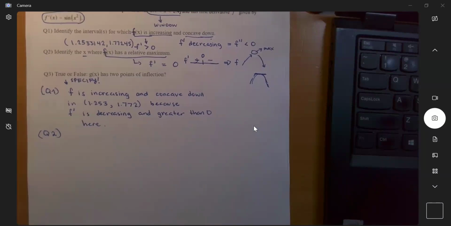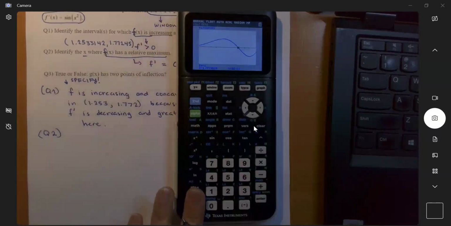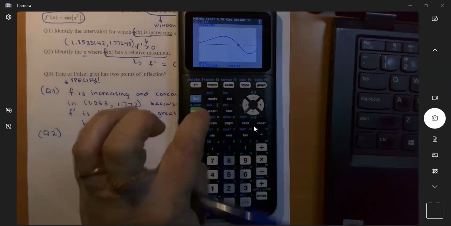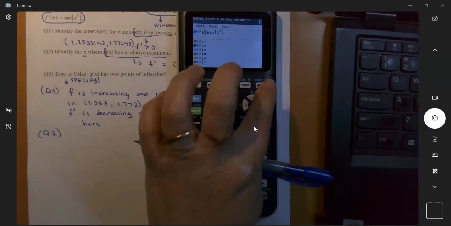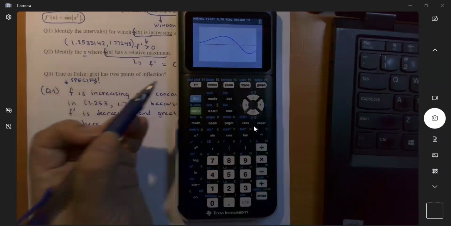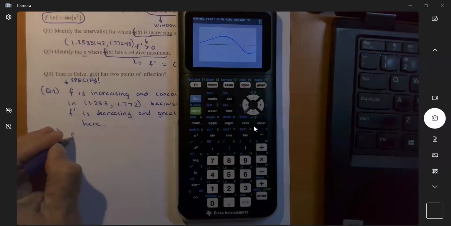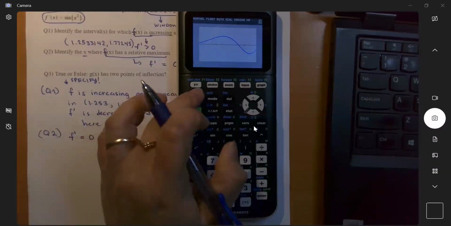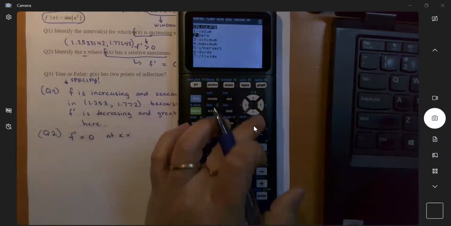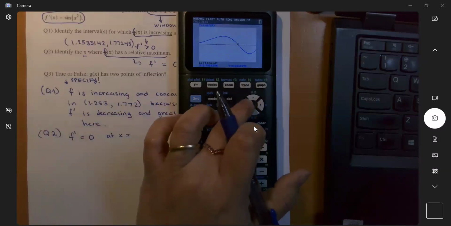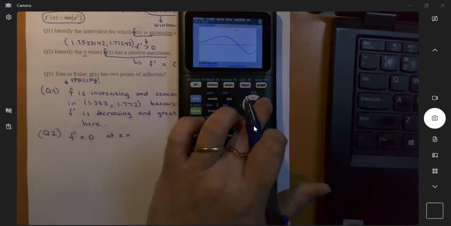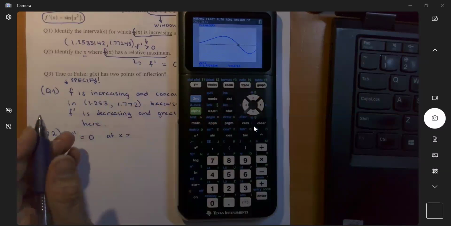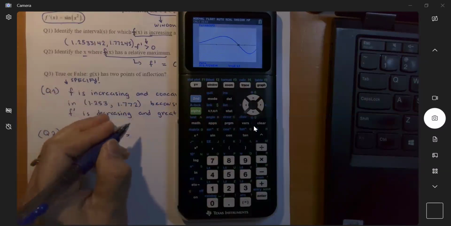Okay, so let's take a look at the graph again. And I want to find the 0. This is my F prime. And look at the graph. I want to look for where F prime is 0. So I'm going to say F prime is equal to 0 at what x? We've solved this already. Second trace 0 was 1.7724.